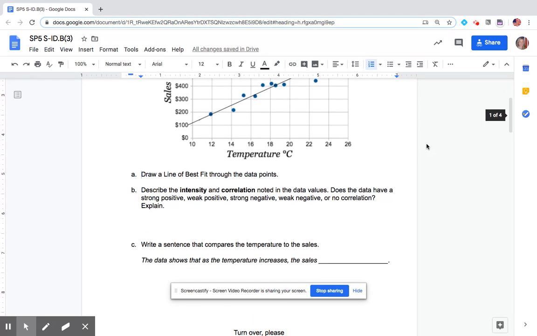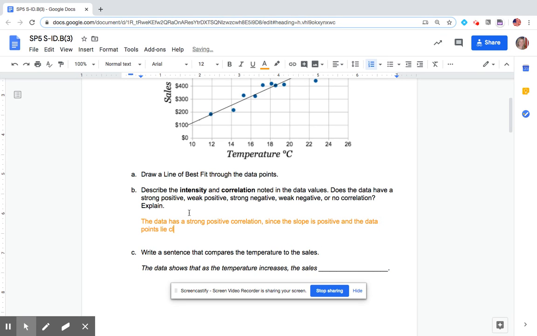So that's what I'm going to type right here, that the data has a strong positive trend or correlation since the slope is positive and the data points lie close to the line of best fit.